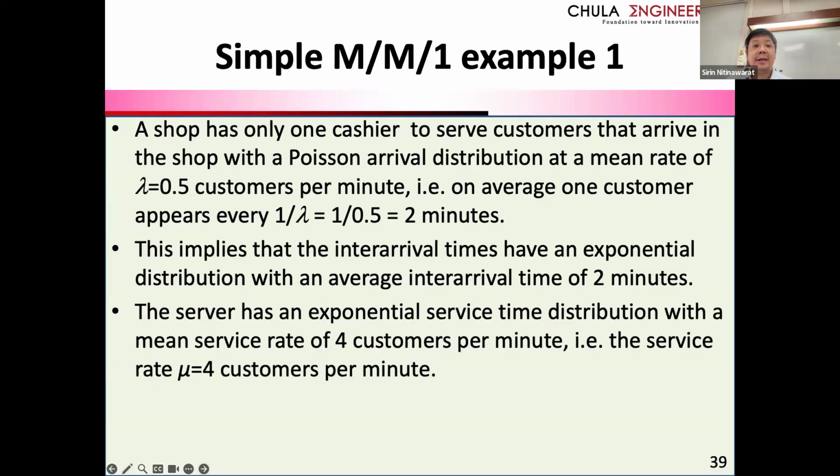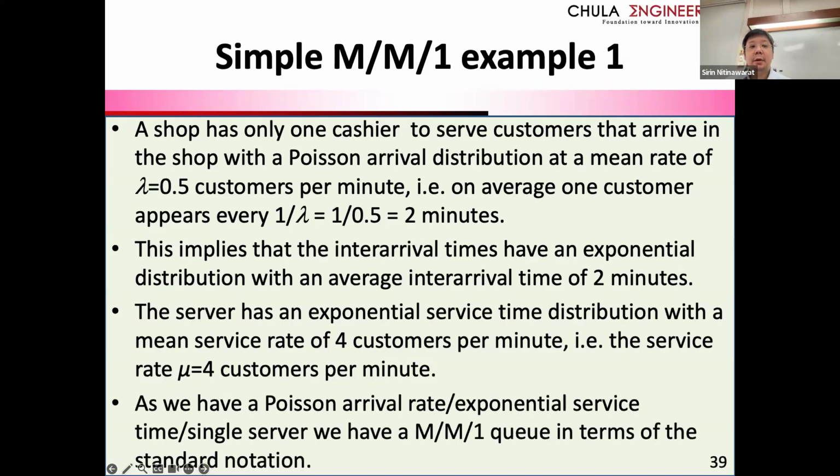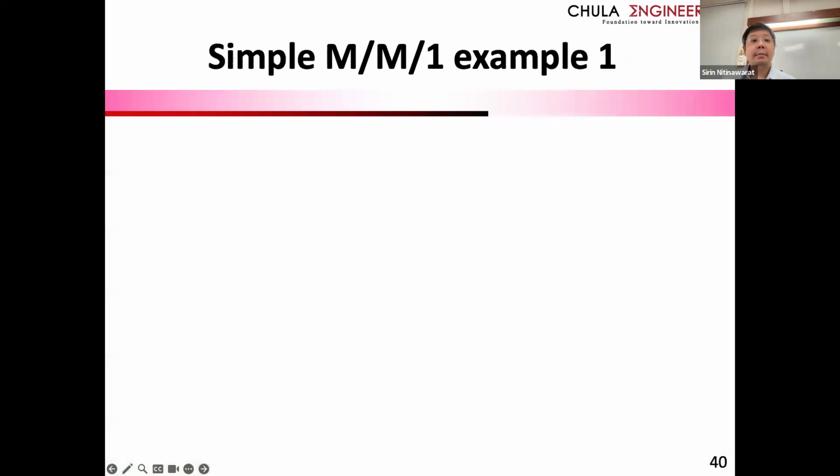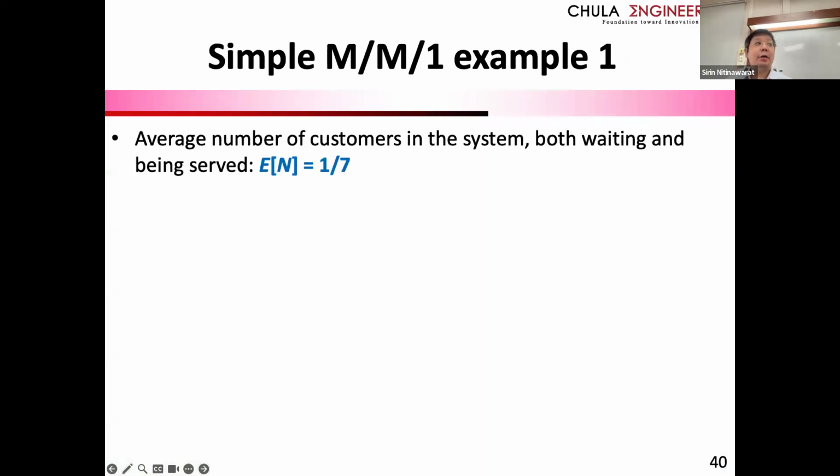The server is faster. When non-empty, it can serve 4 customers per minute. So you know lambda, you know mu. It's an MM1 queuing system. You know everything about the system.